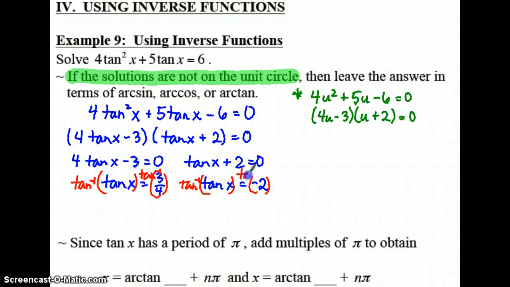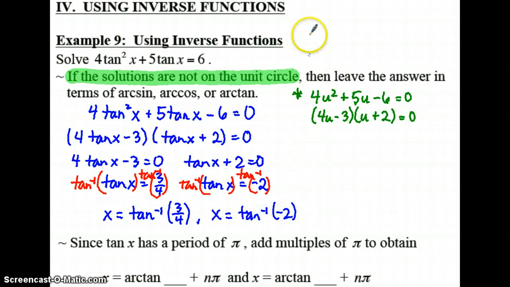So you can write your answer at the very end as x is equal to the arctangent, or tangent to the -1, of 3/4, plus, and over here you have x is equal to the arctangent of -2. Those are your two solutions.